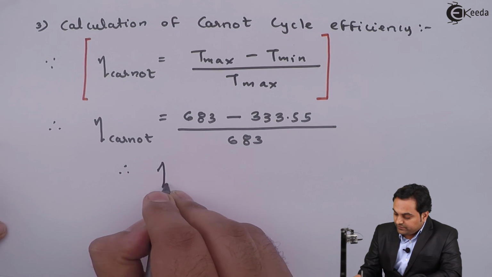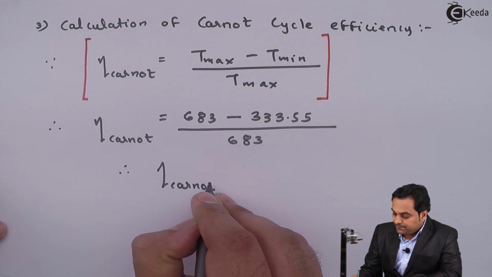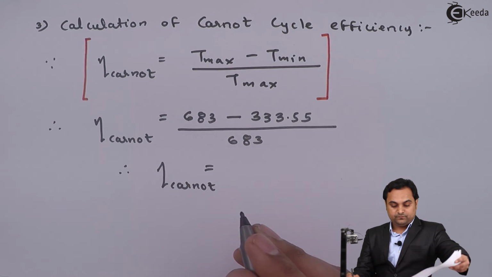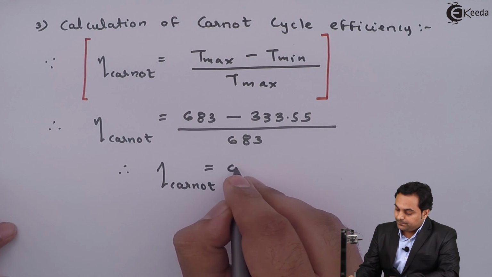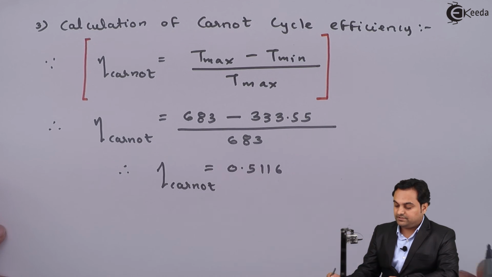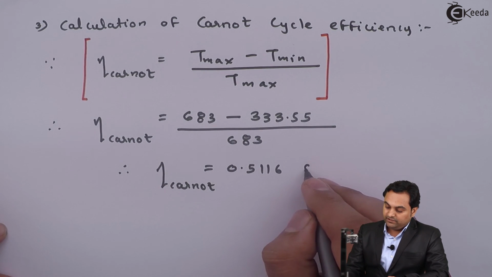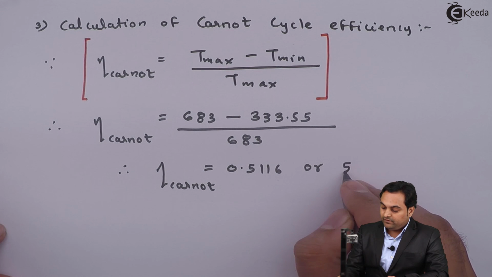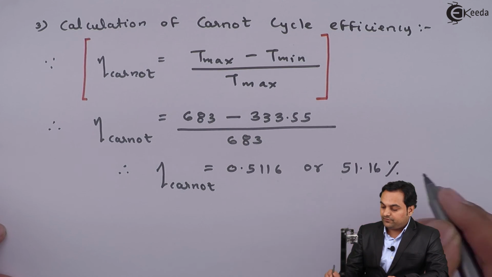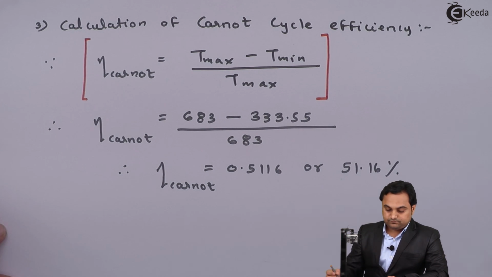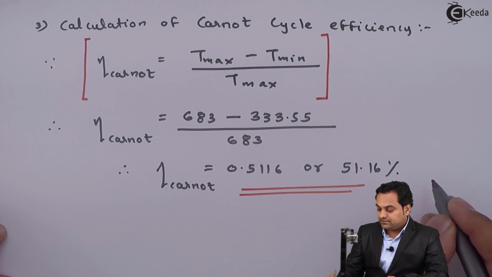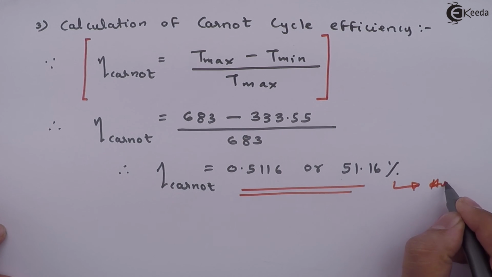So therefore this will give me the value of Carnot efficiency as 0.5116, that is in terms of number. If I multiply it by 100, my answer will be 51.16%. And this is the sixth answer for us.